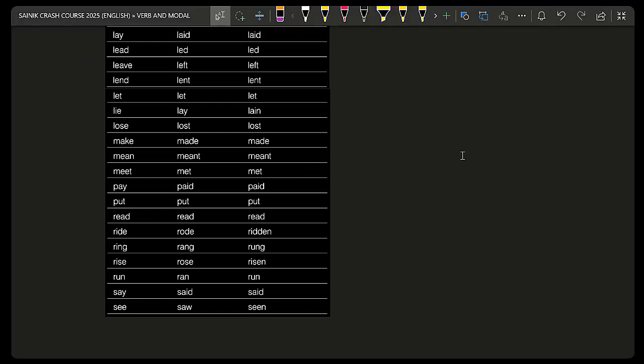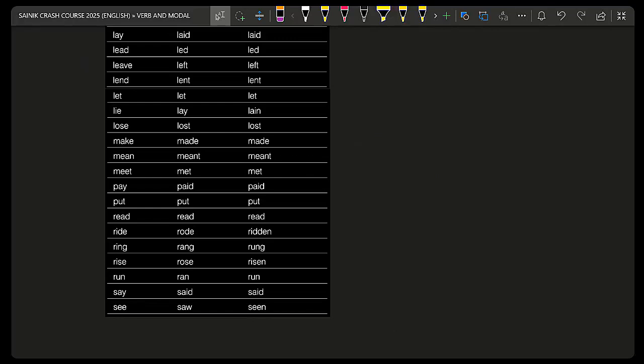So the spellings are same, but pronunciation is different for read. Ride, rode, ridden, ring, rang, rung, rise, rose, risen, run, ran, run, say, said, see, saw, seen. So these are the examples.